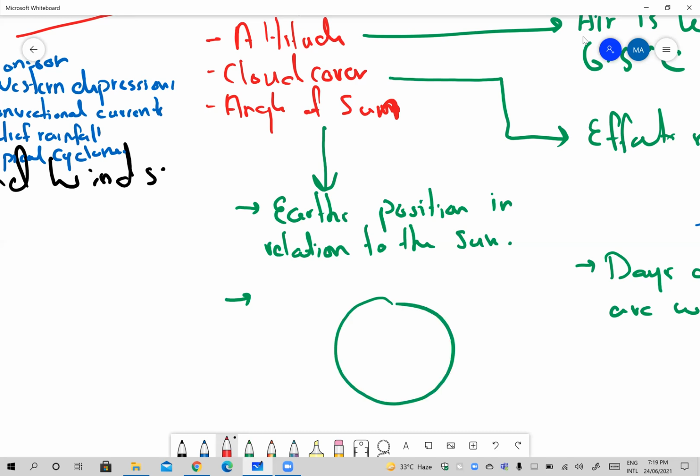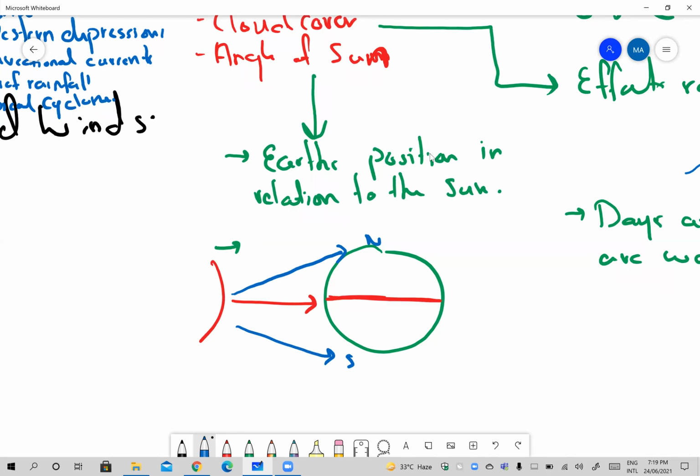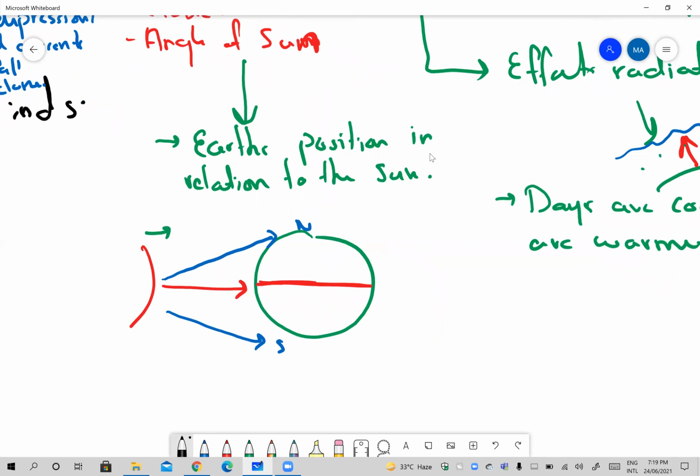and imagine this is where the rays are coming from, the sun rays. All the areas over here, this region here, the red region will be warmer. And because the rays have to travel a greater distance to basically travel towards the north and the south, these areas will be relatively cooler, the ones in blue here. So what you can say is that these areas are at low angle of sun, and because of that low angle, the distance is longer.